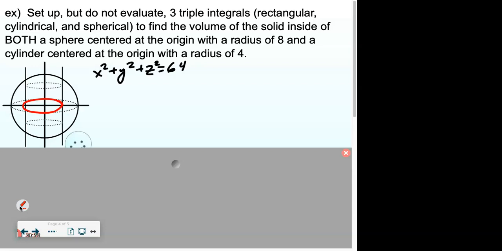The cylinder has a radius of 4, so the equation of that circle is x squared plus y squared equals 16. So y is plus or minus the root of 16 minus x squared. Does that make sense? And again, if you wanted to go 0 to that and then double, you can keep doubling. And then your x's would just be negative 4 to 4.